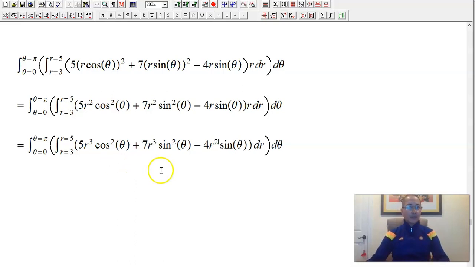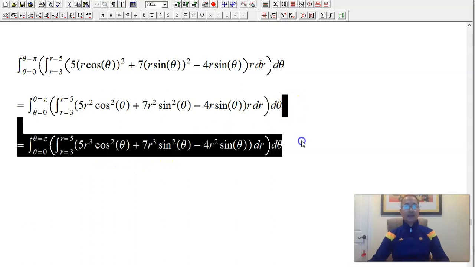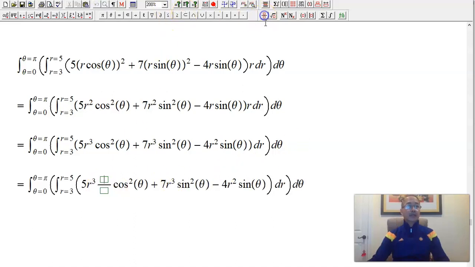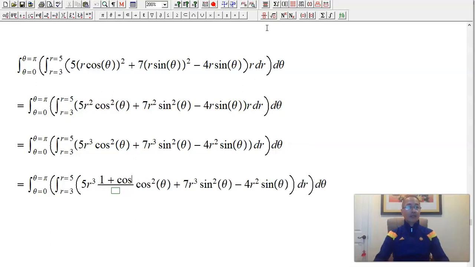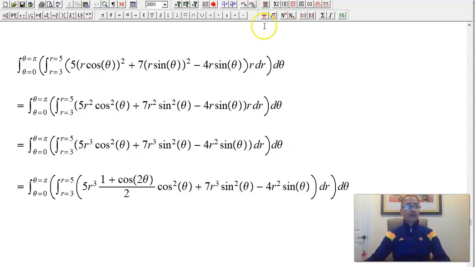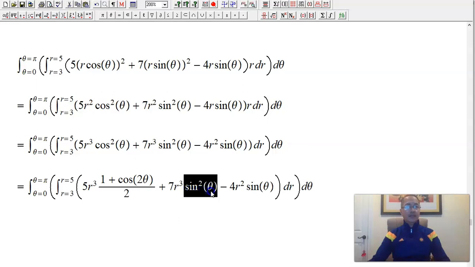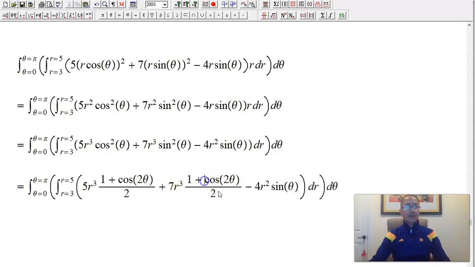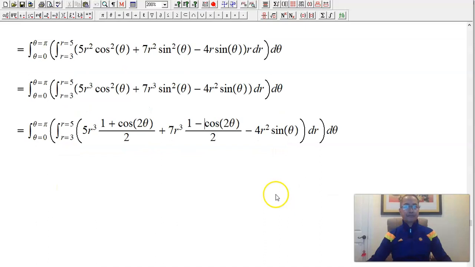Okay, there you go. So what do we say when you have cosine squared and or sine squared? Use the power reduction formulas. Okay, so cosine squared turns into 1 plus cosine of double angle, 2 theta, over 2. And same for sine squared, so I'm just going to copy that and turn the plus into a minus. Okay, nothing to do with the third term.